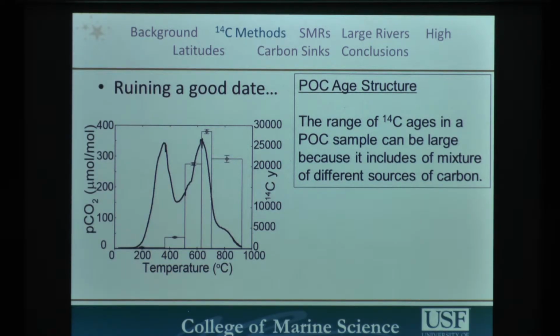So this is another example from some riverine particulate organic carbon, and you can see here that first of all, we get a bimodal distribution, and both of those modes have very different ages. And when we start to get radiocarbon ages that are up around 30,000 years, we're talking about a sample that had very, very little C14 in it.